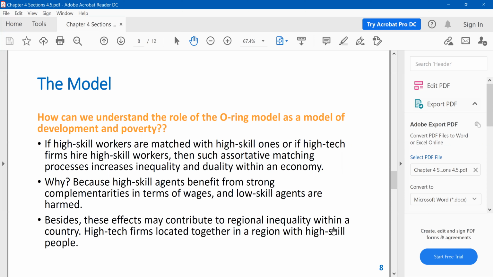Okay, because high skill agents, even if there is no assortative matching, high skill guys would earn more, right? But then with positive assortative matching, high skilled guys increase their wage, and that would harm the low skilled guys in the economy, right?